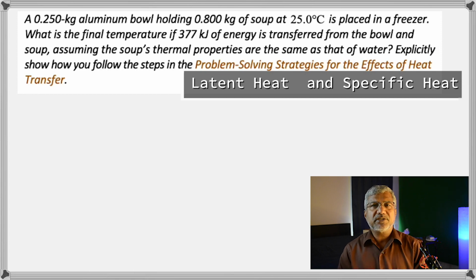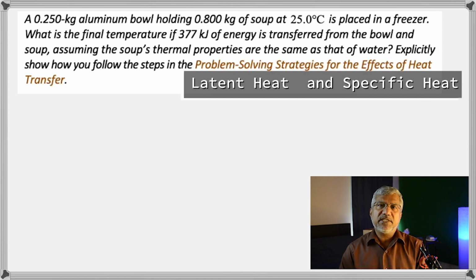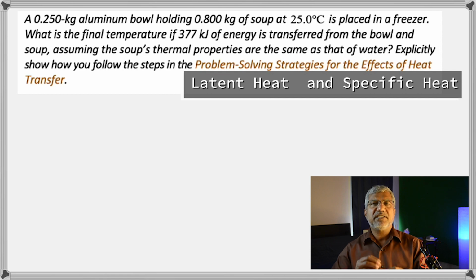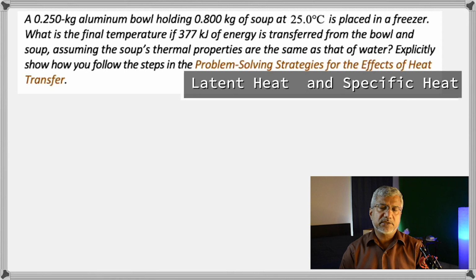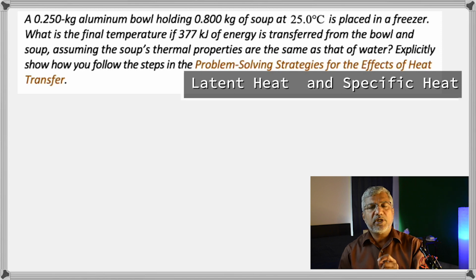So that means you can take the specific heat and latent heat of soup as being equal to that of water, okay? The problem here is the energy transferred is given in kilojoules. So 377 kilojoules need to be converted into kilocalories, for which we will divide by 4.186, because 4.186 kilojoules is 1 kilocalorie.